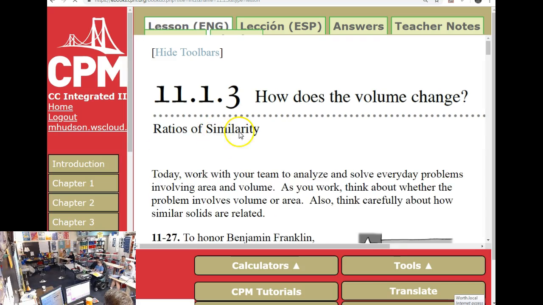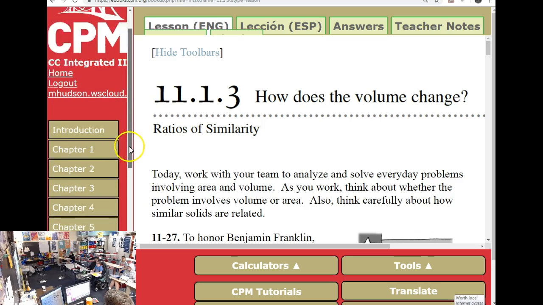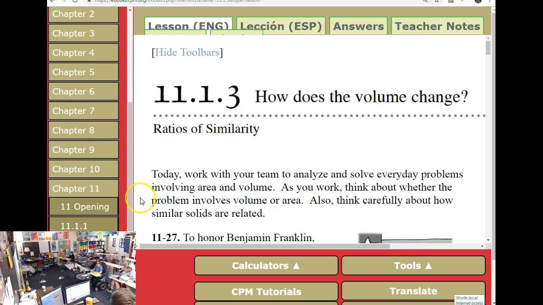So just be aware the similarity ratios get manipulated. If you had a cube that was 1 by 1 by 1 compared to a cube that was 3 by 3 by 3, obviously your 1 cube is 1. What is 3 by 3 by 3? 3 cubed. So it's that scale factor cubed if we're jumping right from edge length to volume.